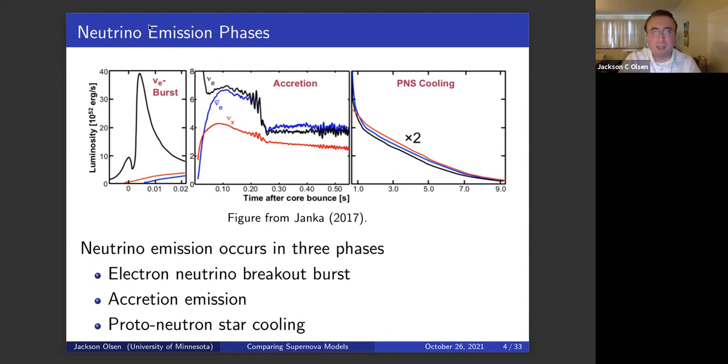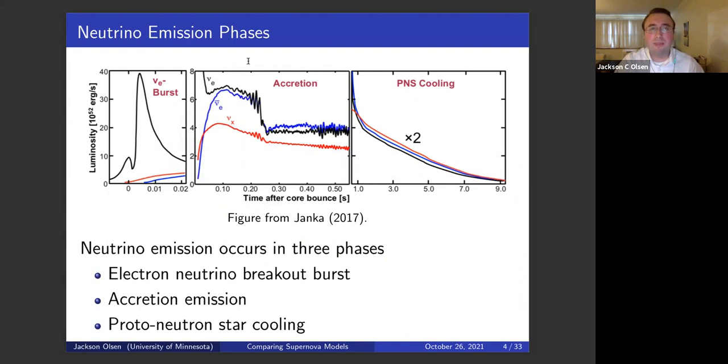And this period in particular is sensitive to neutrino oscillations because you can see there's a sharp difference between the nu E bar and nu X, where nu X designates any of the other four neutrino species.